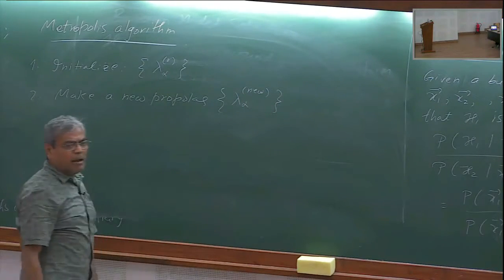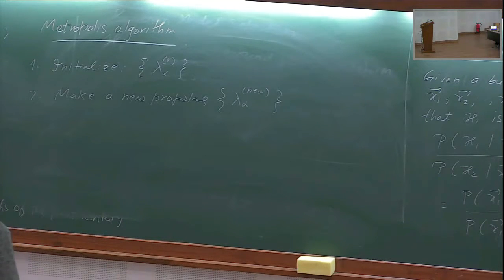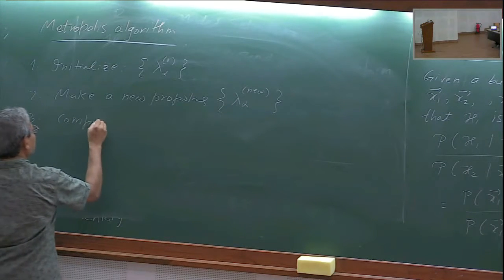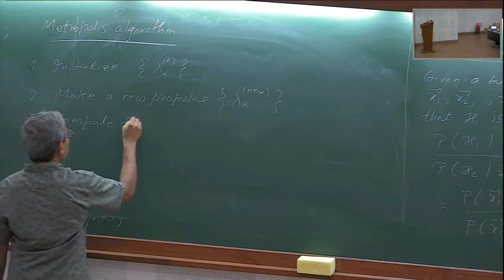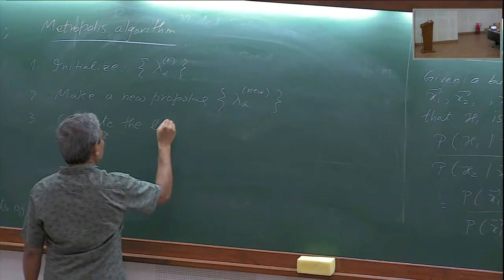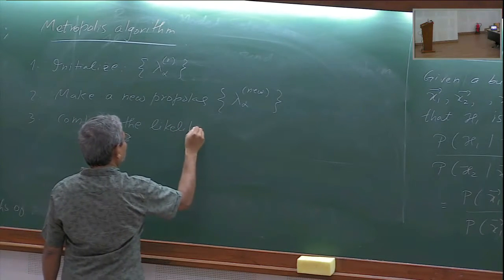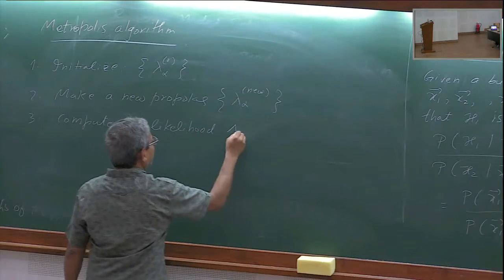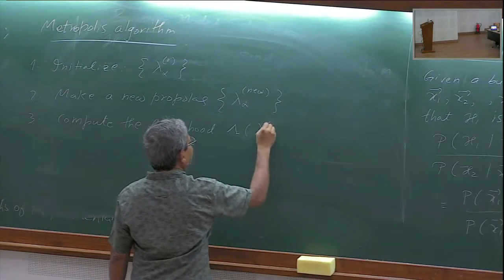It is not at lambda alpha 1, it's just lambda alpha nu. Compute the likelihood at lambda alpha nu.